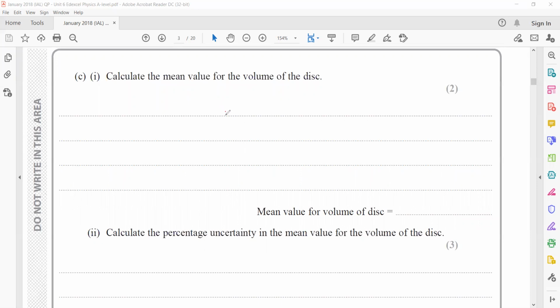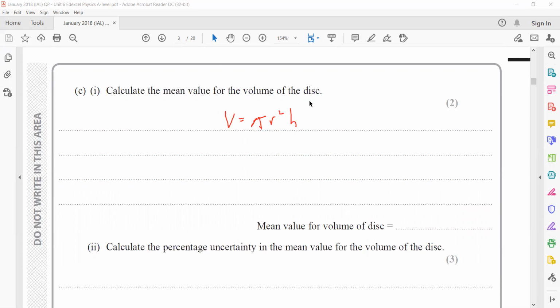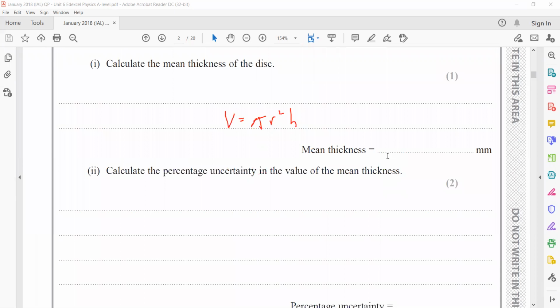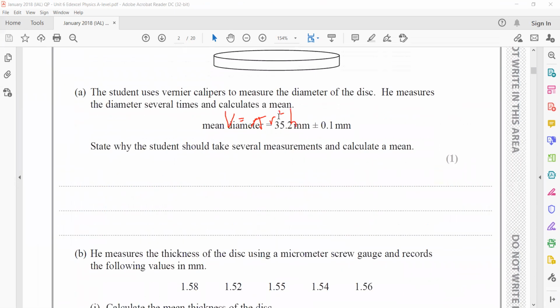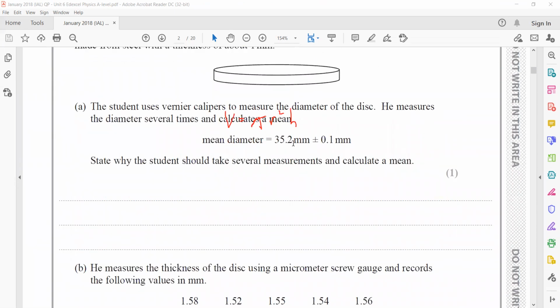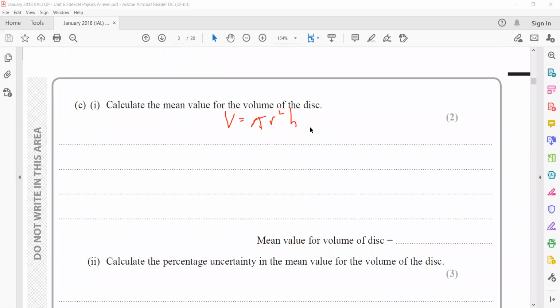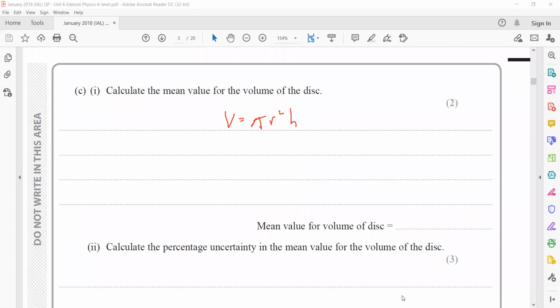And volume of a disk is pi r square h. So we have the diameter given, the mean thickness 1.55 and the diameter is 32.5 millimeter. So we'll convert that into meter and then divide it by 2. Or you can also get the final answer in millimeter cube.